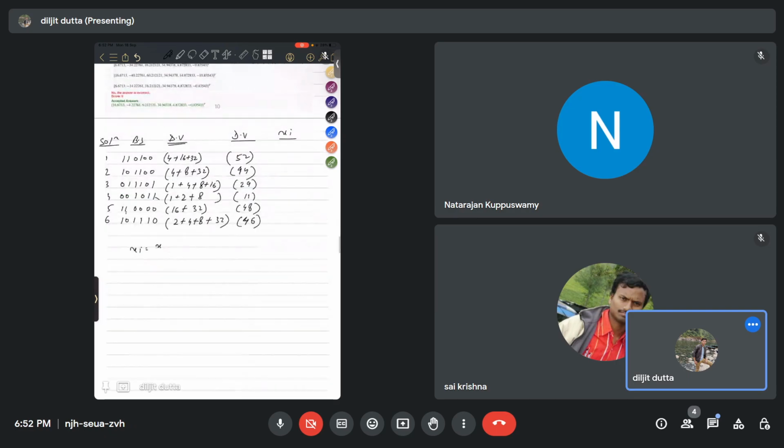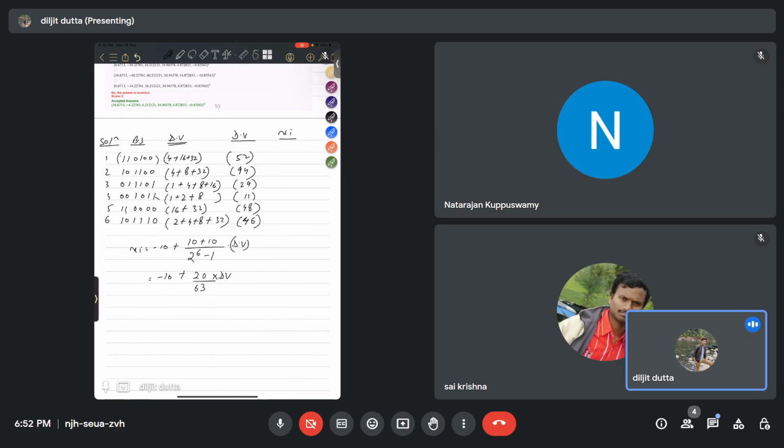What is L here? L will be 6 because it is a 6-bit string. So xi will be minus 10 plus 20 by 63 into D.